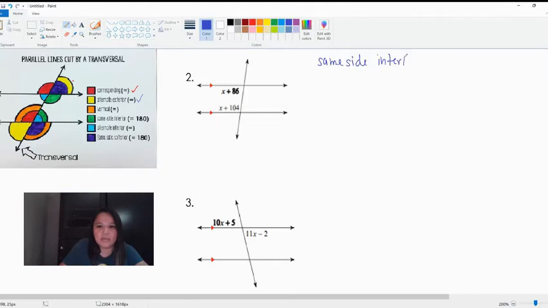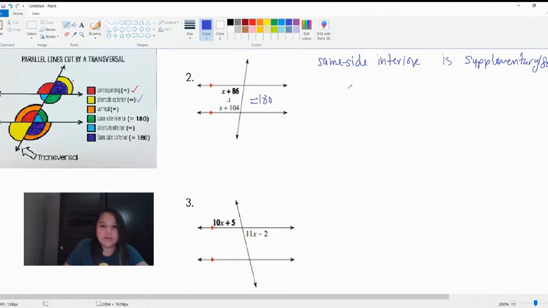And we know the same side interior is going to be supplementary, meaning it's going to be equal to 180 degrees. Okay, so write 180 degrees there. So that means that if it's same side interior, these two angles are not equal, they're not congruent, but if you add them together, it equals 180 degrees.